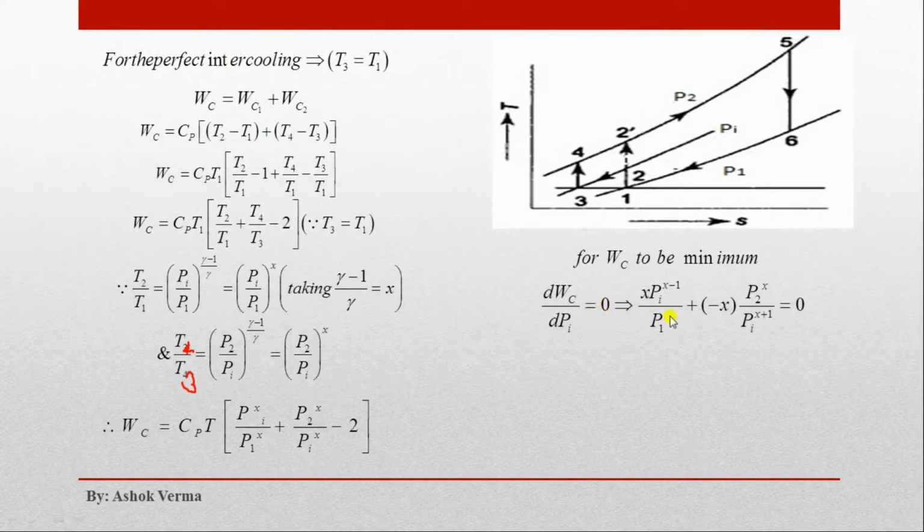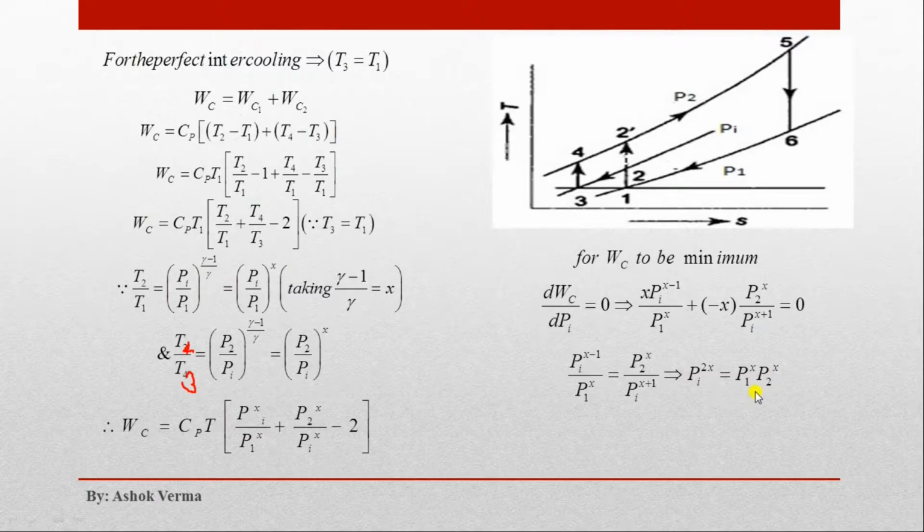After differentiating, we will get x into Pi to the power x minus 1 upon P1 to the power x, plus, since this is in the denominator, minus x into P2 to the power x upon Pi to the power x plus 1. And after simplifying, we will find Pi to the power 2x equal to P1 to the power x into P2 to the power x.